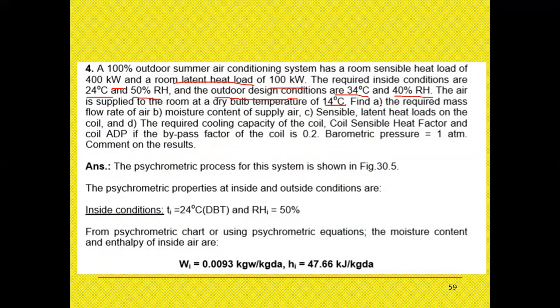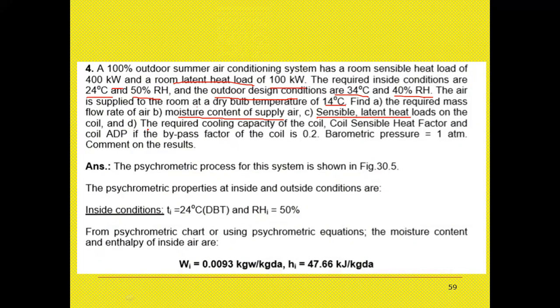Find: A. the required mass flow rate of the air. B. Moisture content of the supply air. C. Sensible and latent heat loads on the coil.